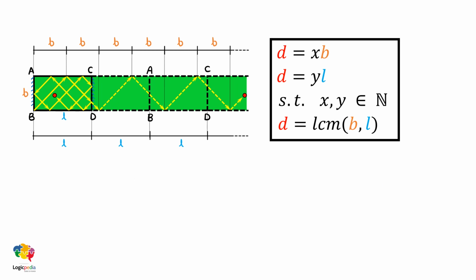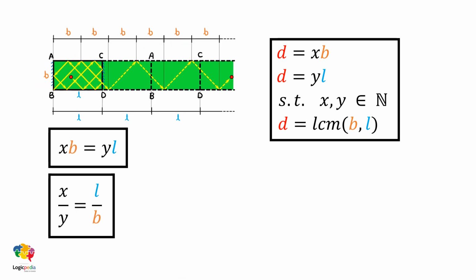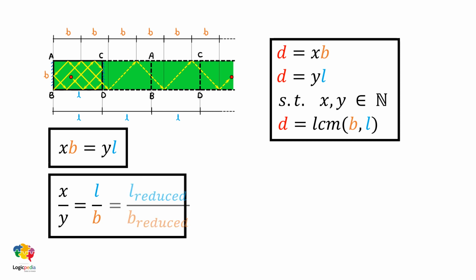There is also an alternate method to calculate the values of x and y directly. For that, we consider xb equals yL, which we know is equal to d. Now after dividing both sides of the equation by yb, we end up getting x by y equals L by b. Now we can reduce the fraction L by b to its most reduced form as L reduced divided by b reduced.